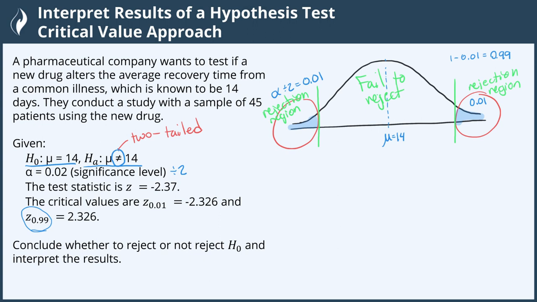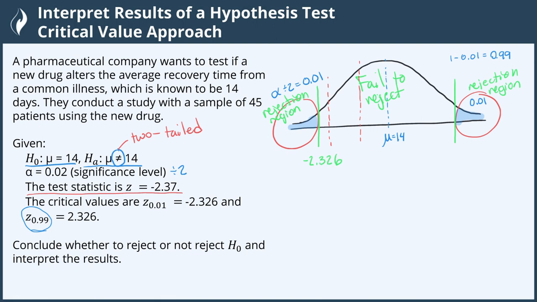Now let's go ahead and graph where our test statistic, the z equals negative 2.37. In this case, that means we are moving to the left of our mean. So we are 2.37 standard deviations below the mean. So we have 1 standard deviation below, 2 standard deviations below, and our critical value here, we already graphed, is negative 2.326.